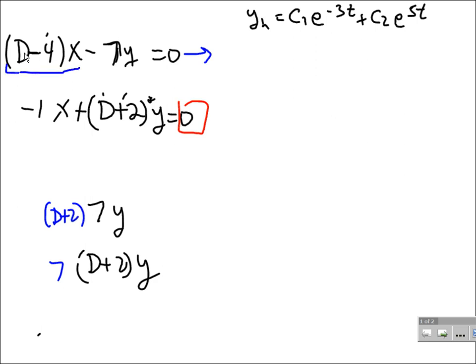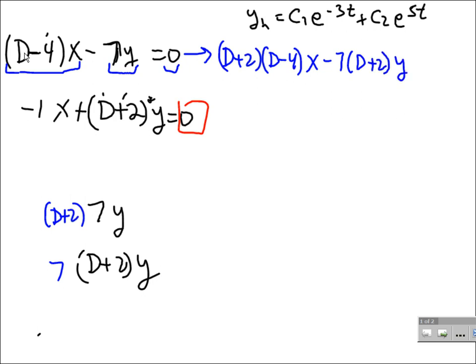I need to multiply this term by d plus 2, this term by d plus 2, and that term by d plus 2. So I get d plus 2 composed with d minus 4 on x minus 7 times d plus 2 on y. It's going to be 0.